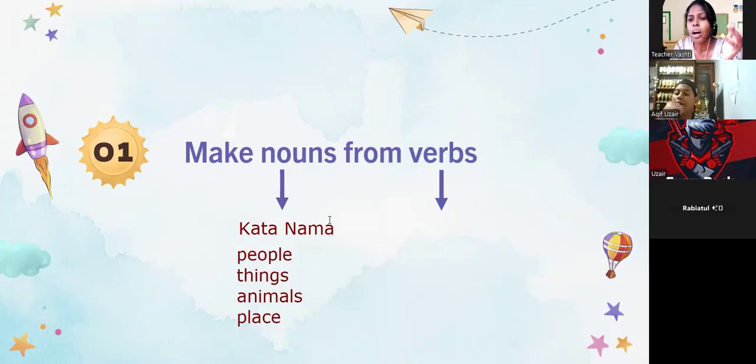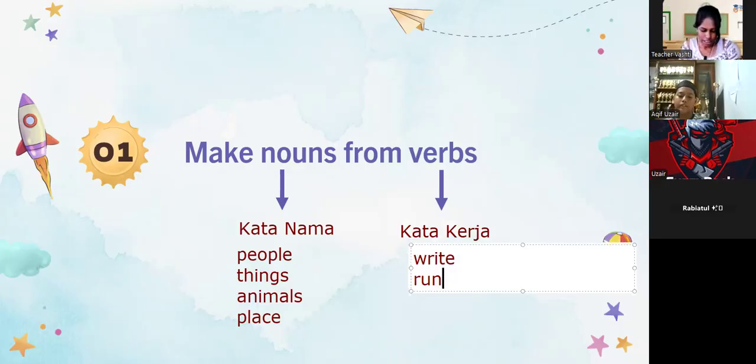Alright. Now, how about verbs? What are verbs? Kata kerja. Very good. Can you give me a few examples of verbs? Running, run. Good. Sit. Good. Sing. All right. Very good.